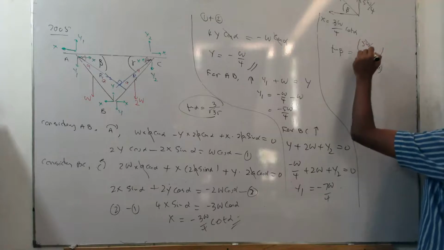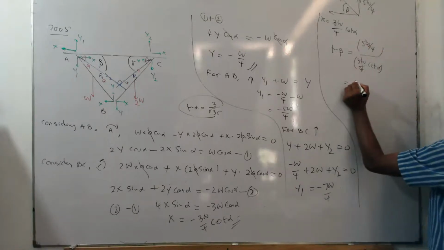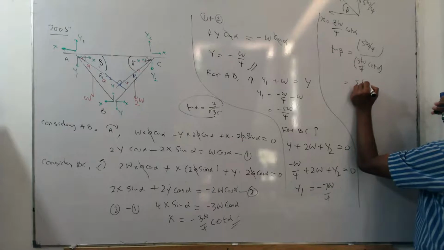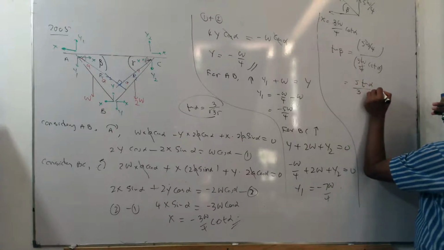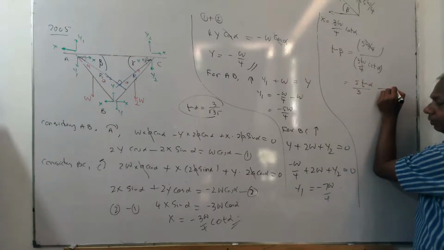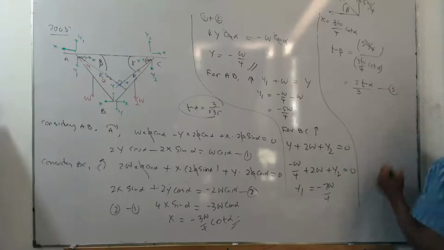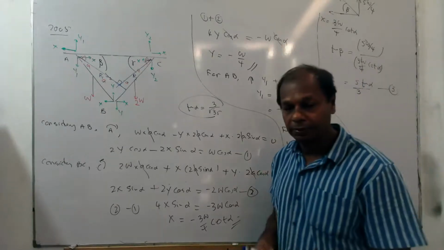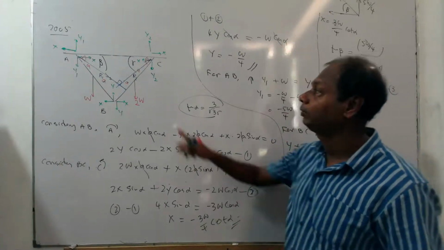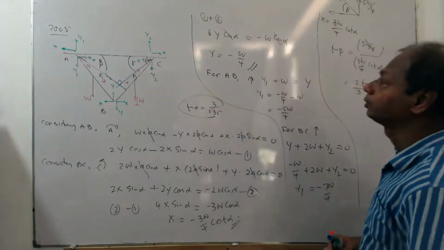W over 4 cancels, you get 5 tan alpha over 3. This is number 3. We found tan beta.